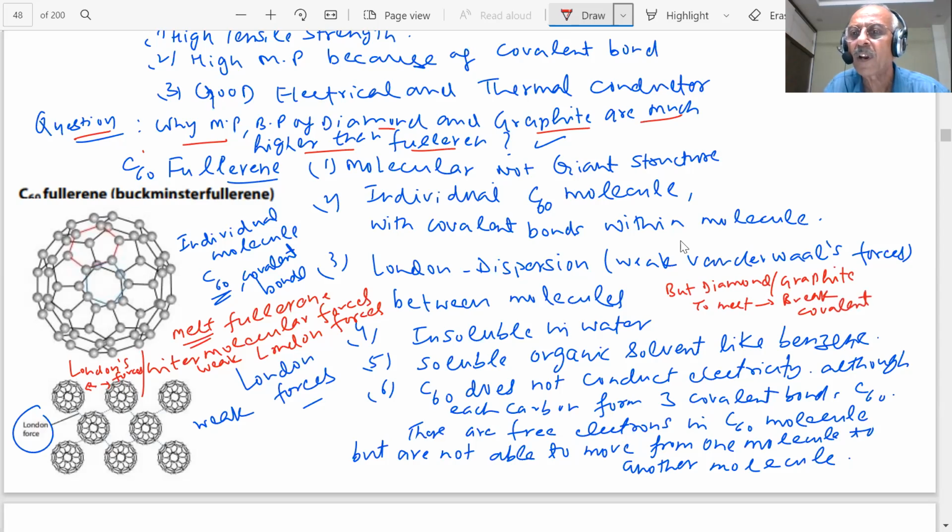So which will require more energy, this or this? This is weak, this is strong. So the melting and boiling points of diamond and graphite will be much, much higher than fluorine. Is it clear? You have noted down? Very, very important question for the paper.